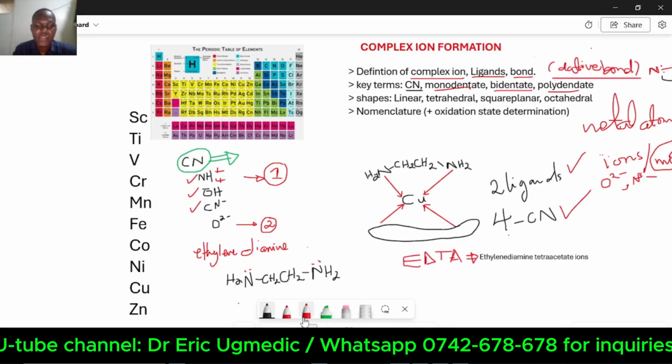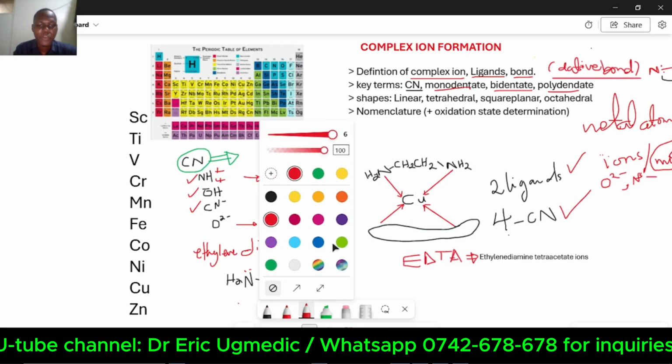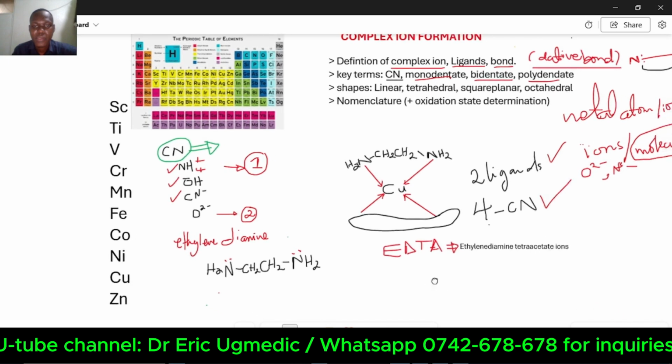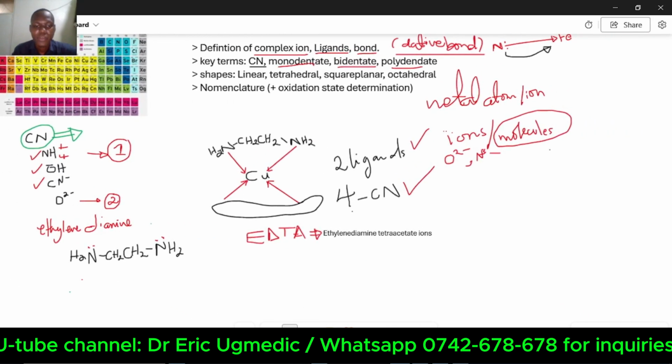So how does this look? I'll draw it here just for your reference. We shall have something in this form, ethylene diamine tetraacetate.